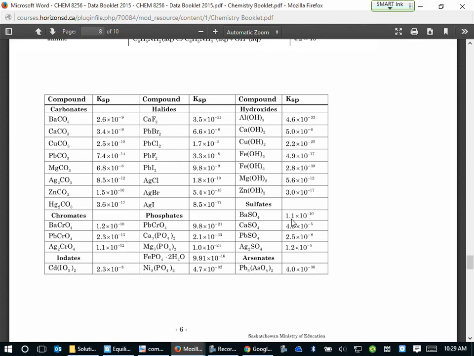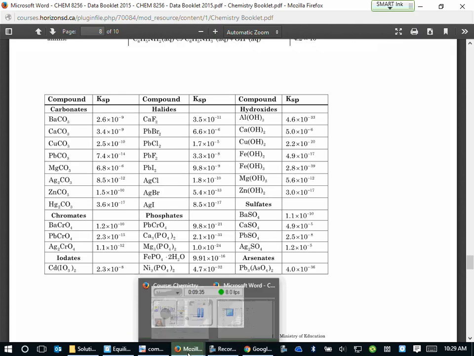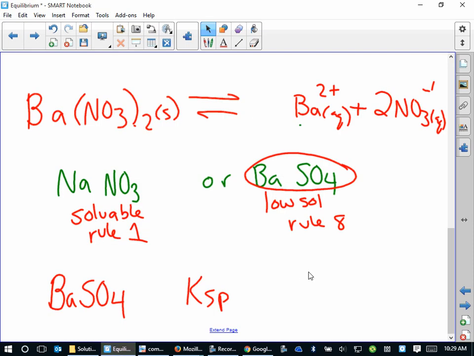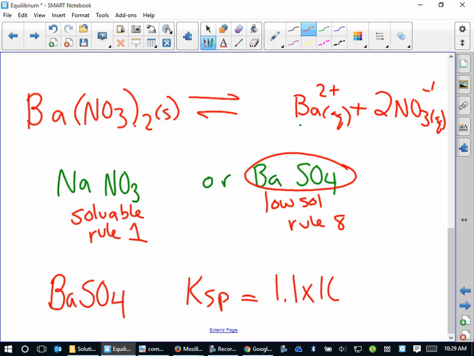Okay, BaSO4 has a KSP value of 1.1 times 10 to the negative 10. Does everyone see that right there? So it has a KSP of 1.1 times 10 to the negative 10. There are no units for KSP.